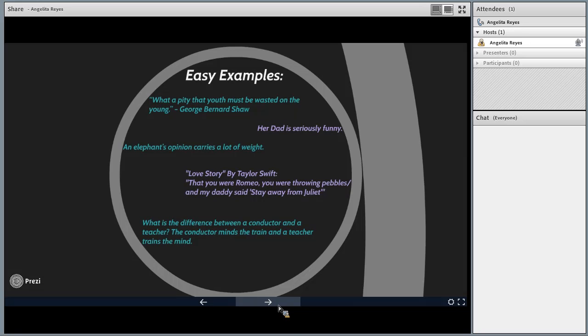The next one: an elephant's opinion carries a lot of weight. This is a pun. This would be more of a homonym kind of pun because we have the word weight, which is spelled the same and sounds the same, but has two different meanings.